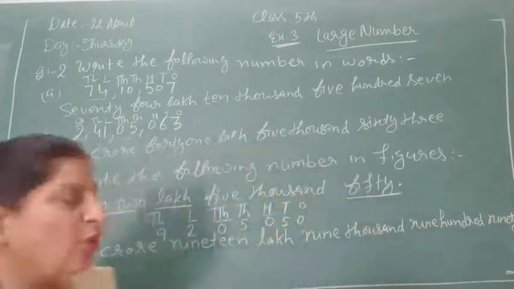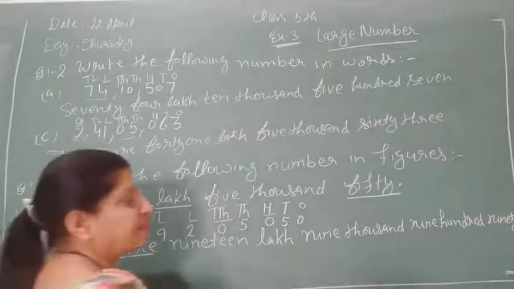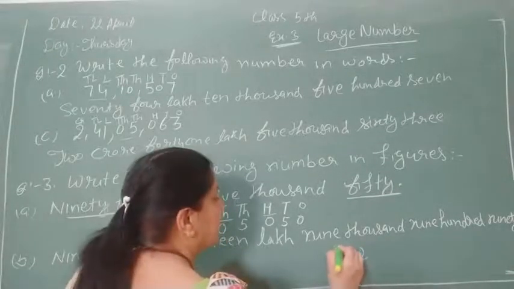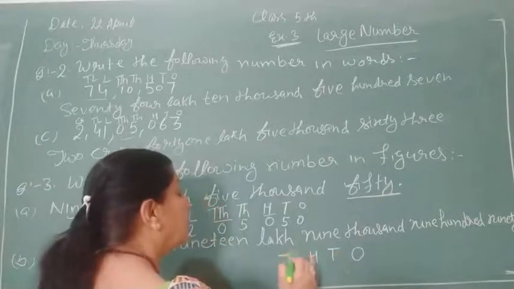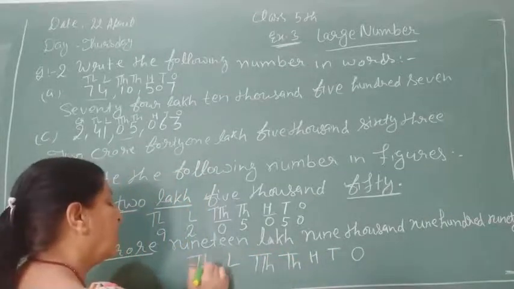9,990. Now here we see that our places go up to the place of crore. So we have to write the places. First we write the places: ones, tens, hundred, thousand, 10,000, lakh, 10 lakh and then crore.